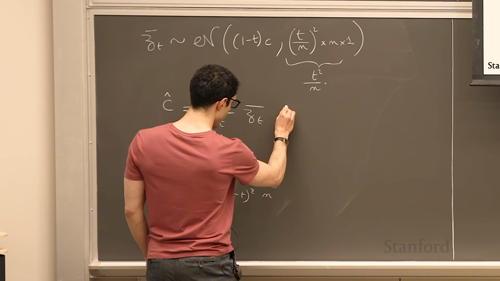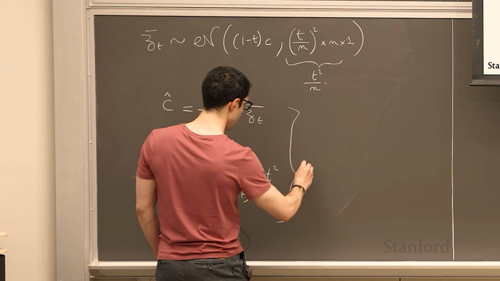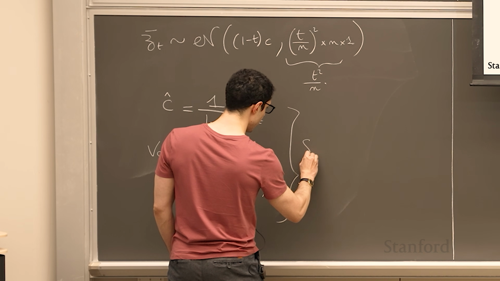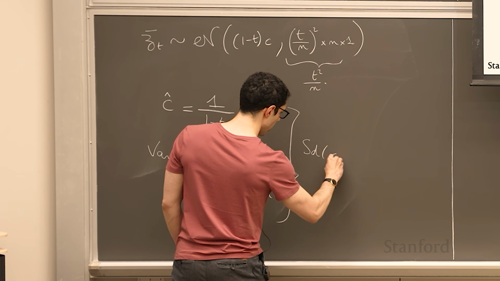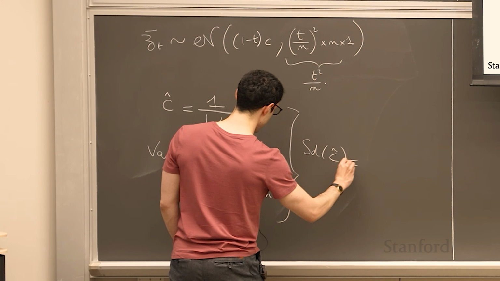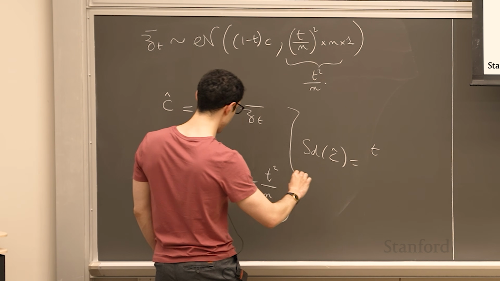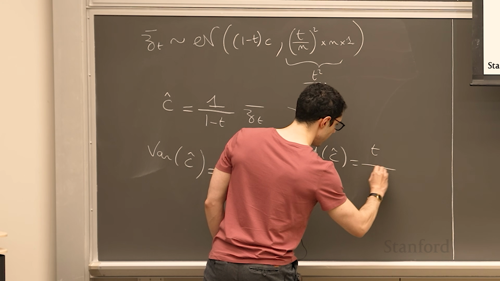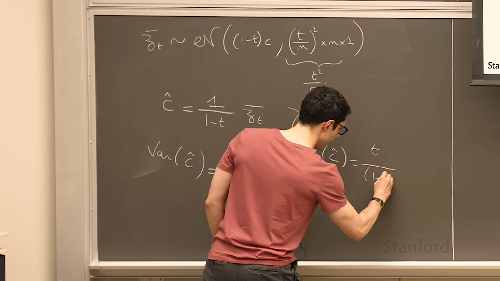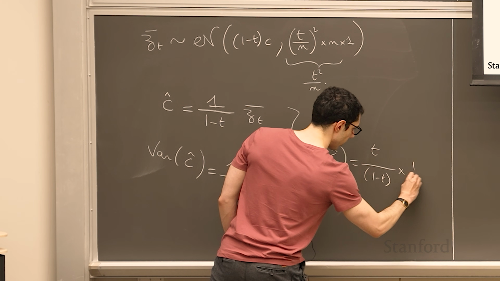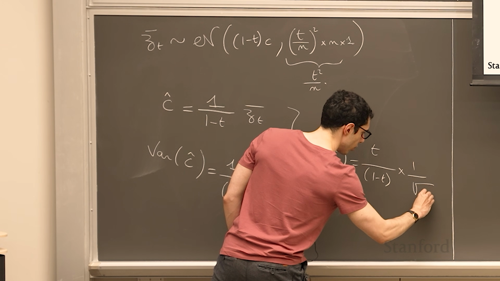So the standard deviation of our estimate is equal to the square root of the variance, which is t over (1 - t) times 1 over square root of n.